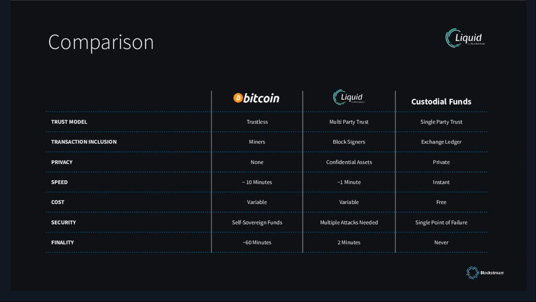And Liquid sits in the middle. So what you have there is this multi-party trust system where it's not just one exchange that holds the funds. It's all of the members of Liquid collectively holding them, and it requires a 2/3 majority of them to be able to spend the funds.